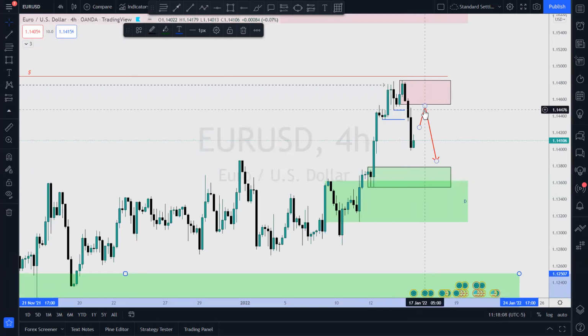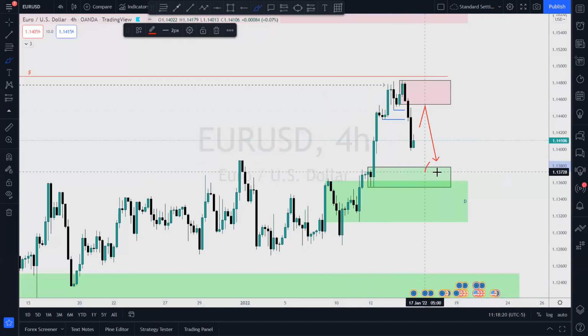And then this would make a very nice short, in my opinion. If price continues dropping, then we'll see what price does when it reaches the POI here. But I think it makes sense that price will pull back, because the US dollar may show an open weak and then become strong.